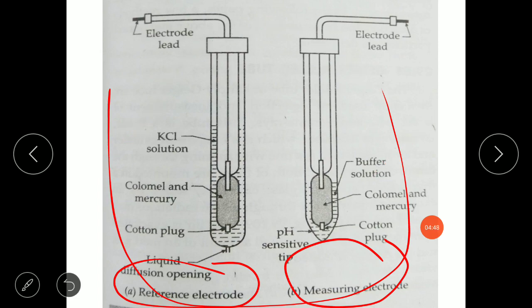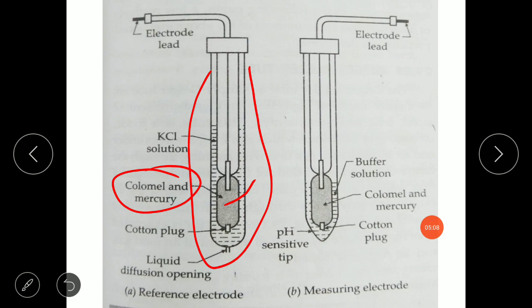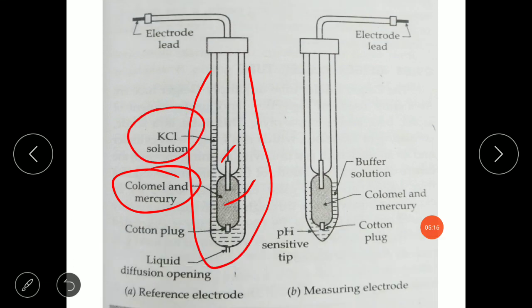Now let's see the construction. This reference electrode is made of glass and has an inner assembly inside which there is a solution of calomel and mercury. This assembly is surrounded by a larger glass tube, and the space between the inner assembly and the glass tube is filled with KCl, that is potassium chloride solution.